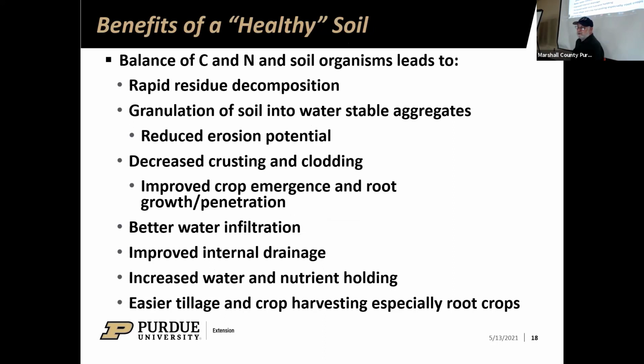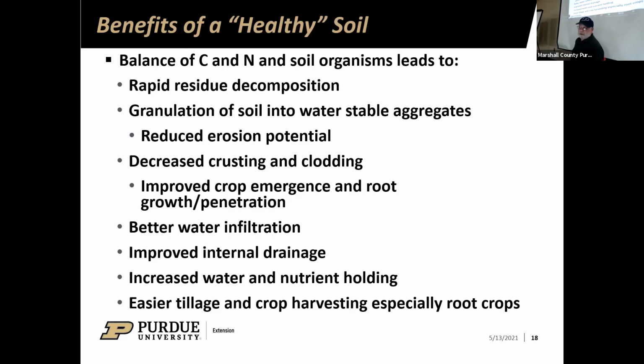Granulation of soil into water-stable aggregates reduces erosion potential, because we have soil aggregates instead of individual mineral particles. It will decrease crusting and clodding, improving crop emergence and root growth and penetration.